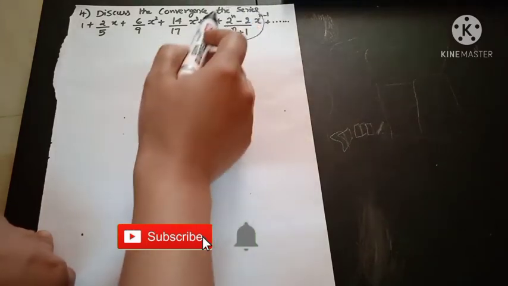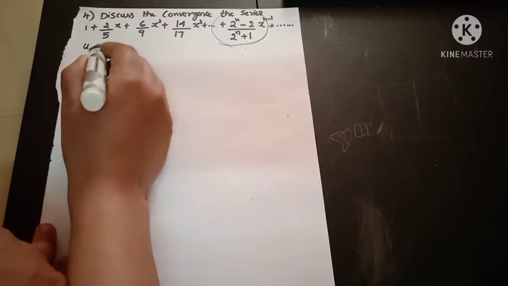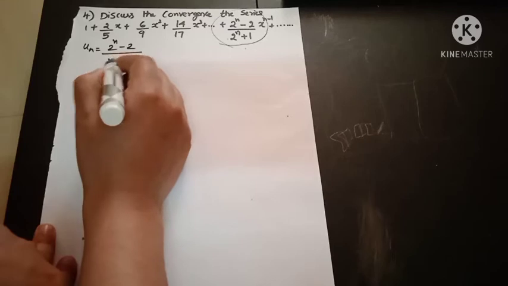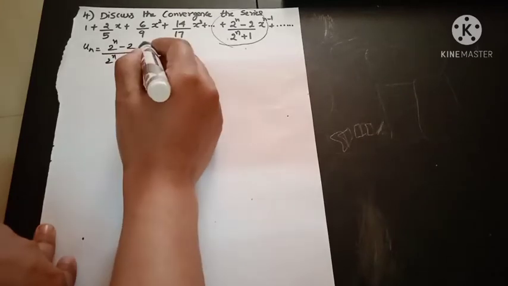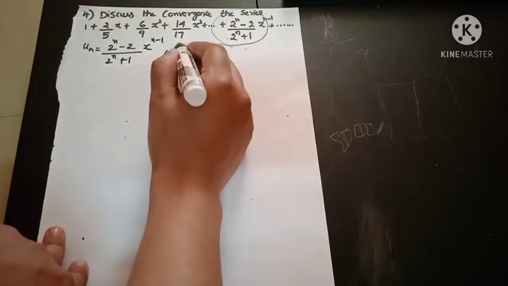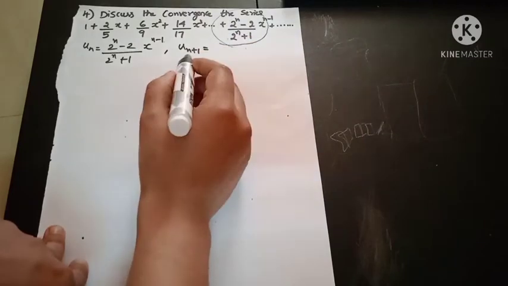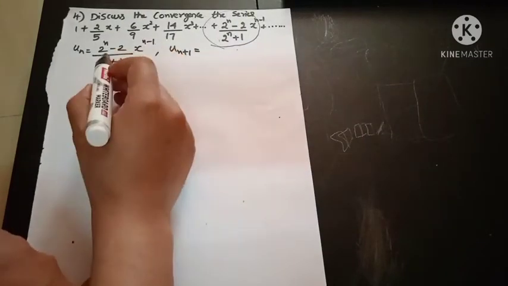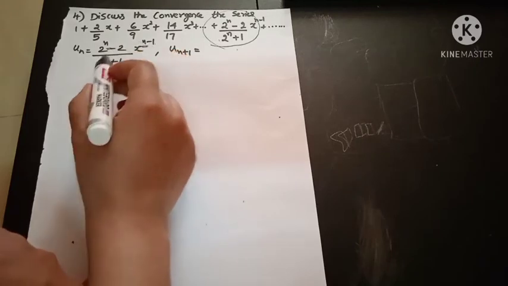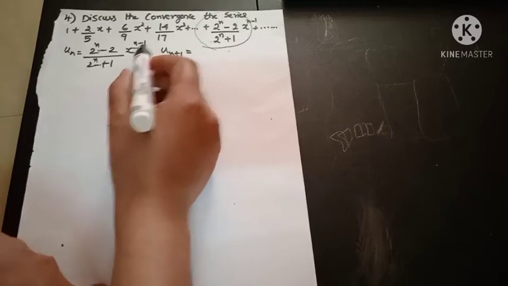So we will take this as the nth term. Un is equal to 2 to the power of n minus 2 divided by 2 to the power of n plus 1, x to the power of n minus 1. Next step is un plus 1. What will be the next term of this? Replace wherever you find n, here also n is there, replace n by n plus 1.